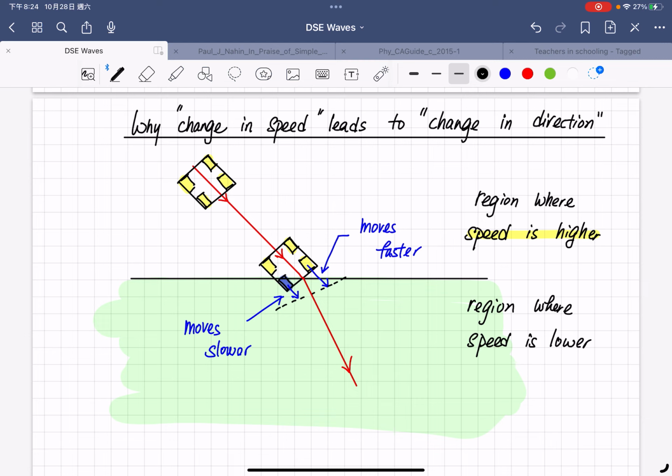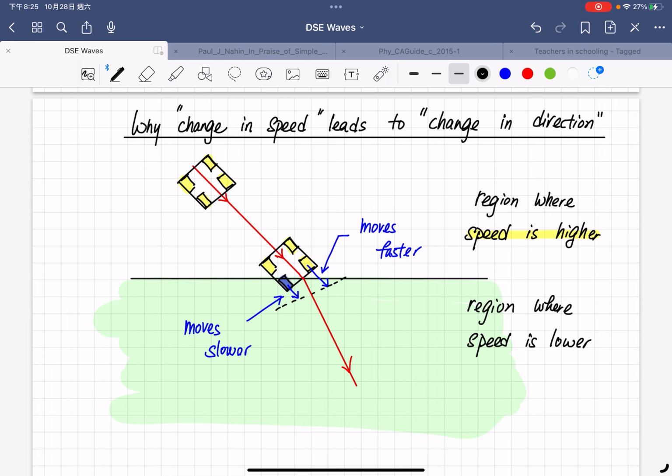The reason why we can only use a metaphor and not a real explanation is that refraction is actually not a complicated phenomenon, but the explanation is complicated. It will involve a lot of mathematics. Also, you need to know much more advanced theory before you can really explain it. So this is the best we can do.